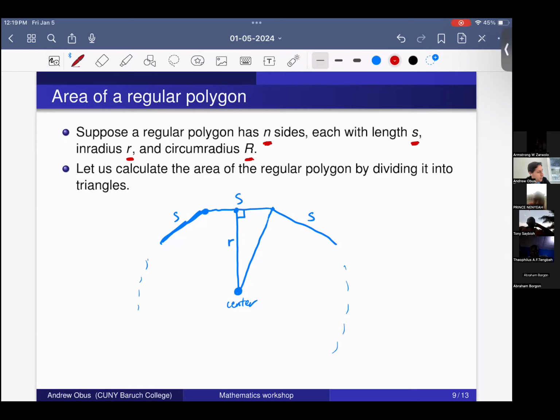And this length over here from the center to a vertex, that's the circumradius, that's big R. And here we have s over 2, and here we have s over 2.